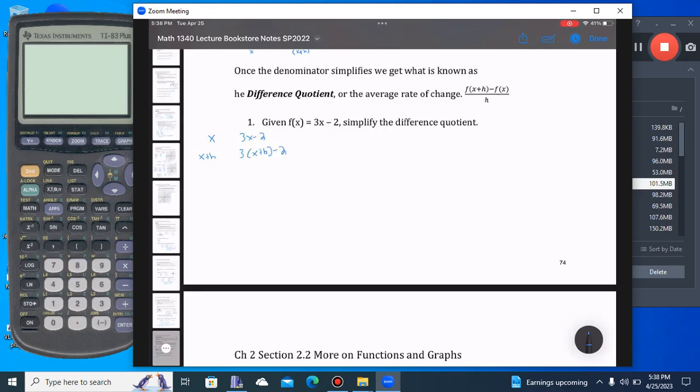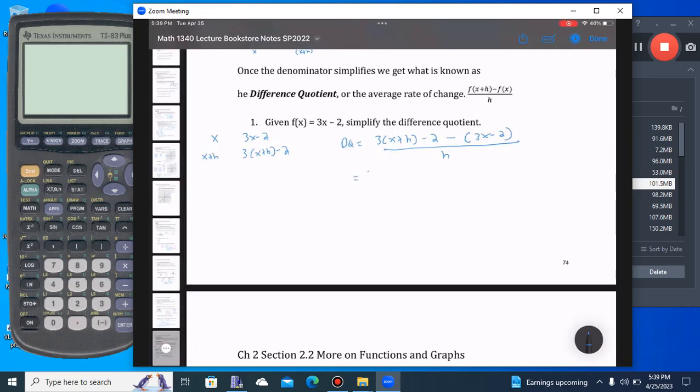And so the difference quotient is 3 times x plus h minus 2 minus 3x minus 2, over h. What we do is simplify the numerator.